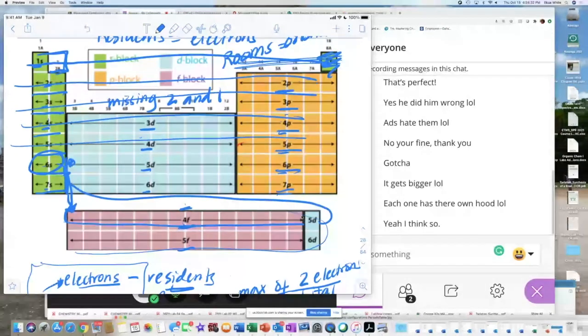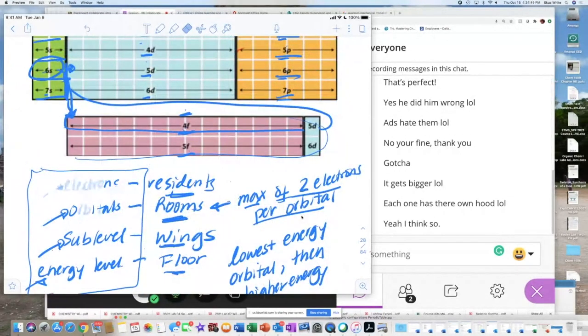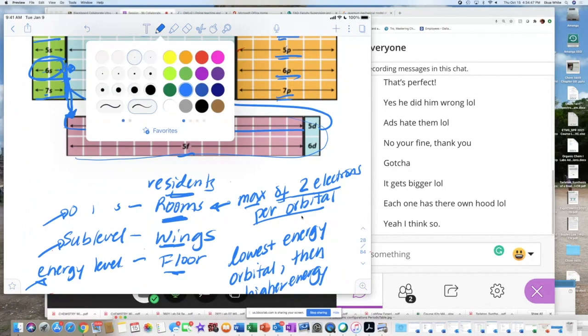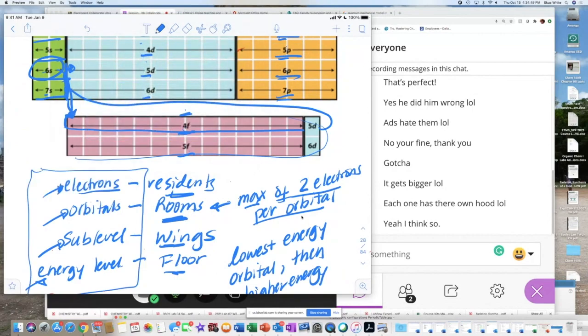And we'll practice that so you can see. Okay, I am trying to give you the Cliff Notes version, the best I can. So we'll be placing electrons inside the rooms, going from left to right to make sure that all the electrons in the orbitals have been placed. And then we'll start looking at the electrons based on the sublevel.